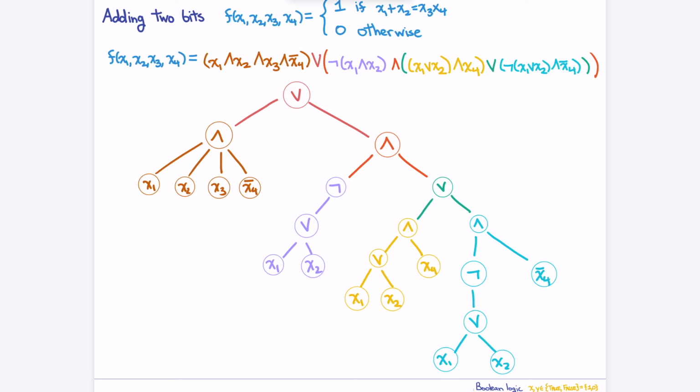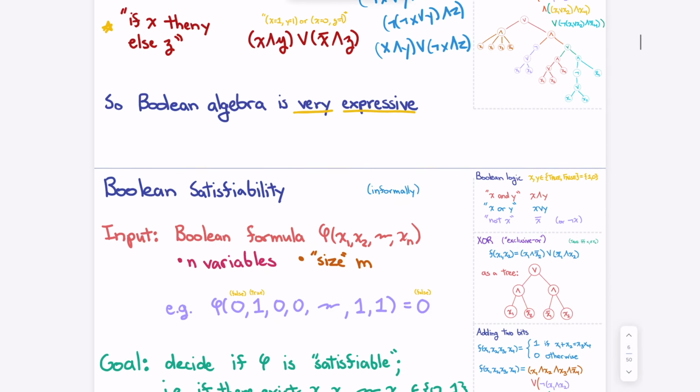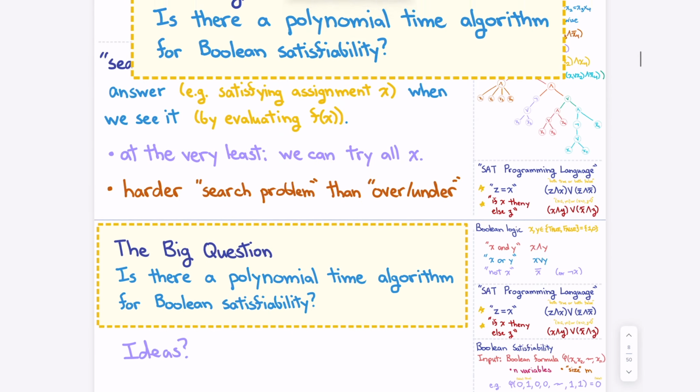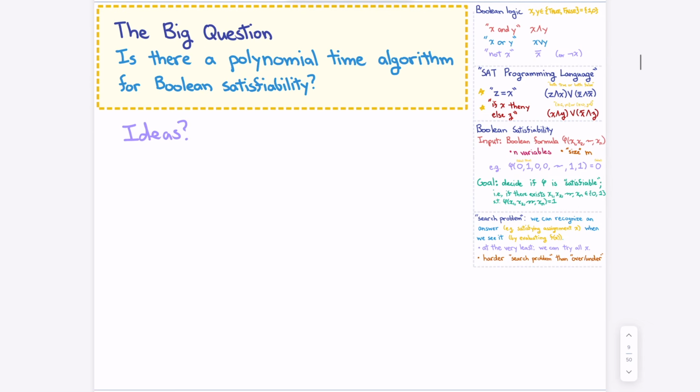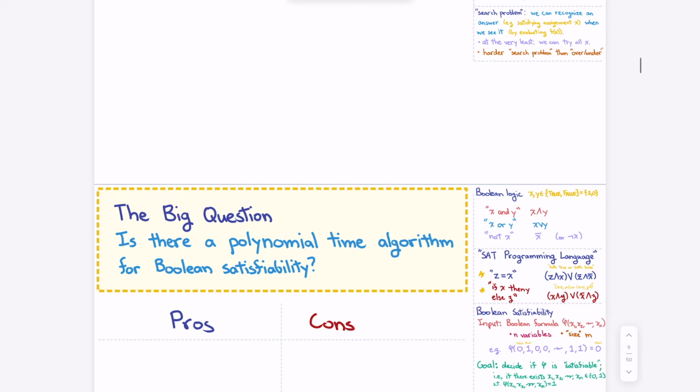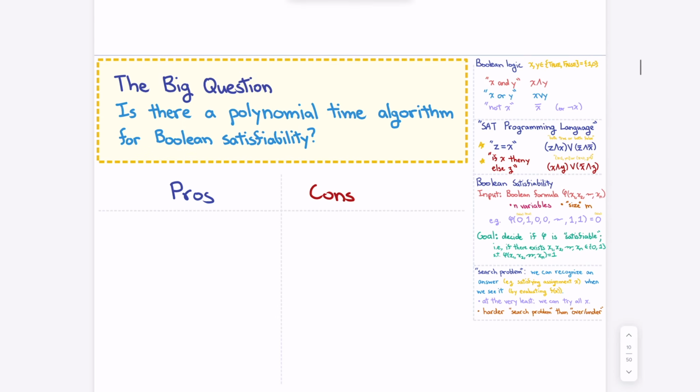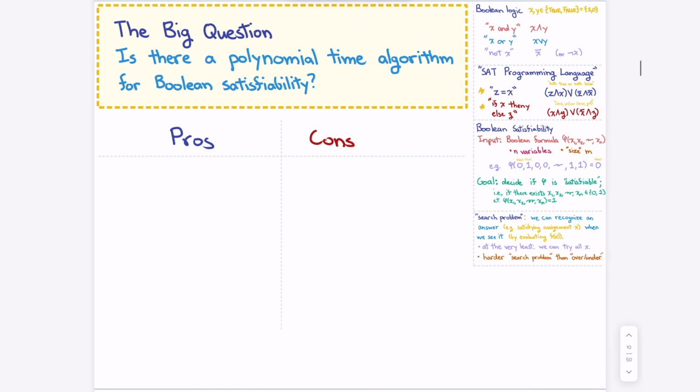If you could write down a formula describing a cure for cancer, just give it to the algorithm, and it says, oh yeah, you just plug this in, and there's your cure for cancer. So it seems hard to believe that we could solve Boolean formulas because, at least in this day and age, it's common to think that many things can be described in Boolean algebra.